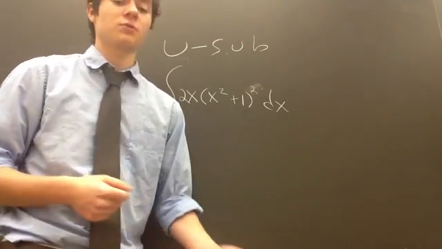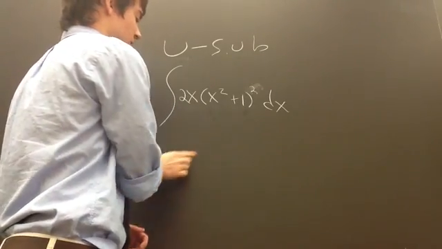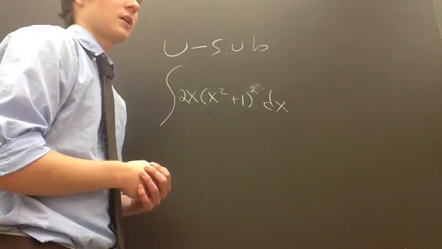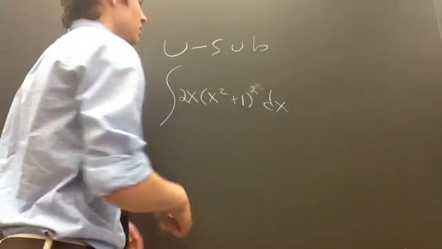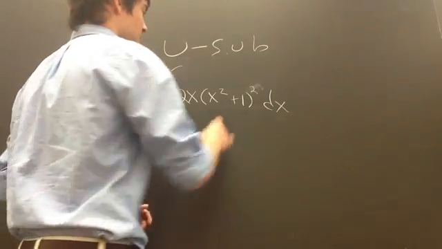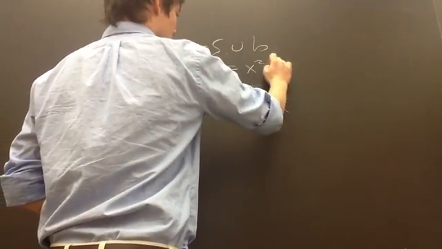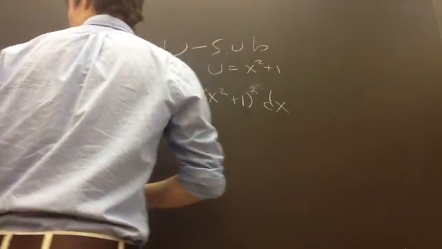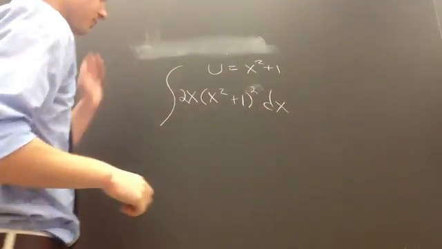Like when you're using chain rule, the derivative of the internal function is multiplied on the outside. So that's what the entire function stems from. So you'll see why in a second. We're going to have u equal to x squared plus 1, because again, that's our innermost function.